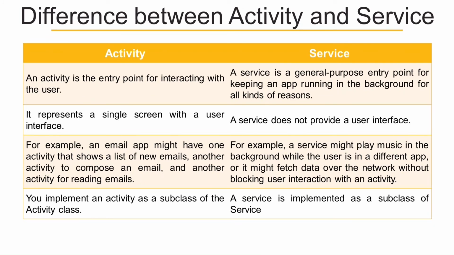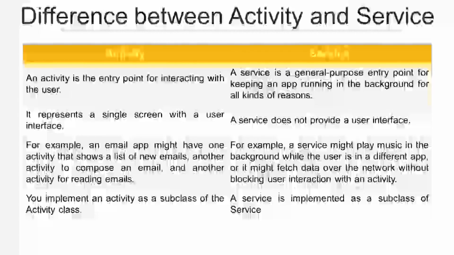And last, you implement an activity as a subclass of the Activity class, and to implement a service, we must extend the Service class. So, a service is implemented as a subclass of Service. These are the major differences between activities and services.